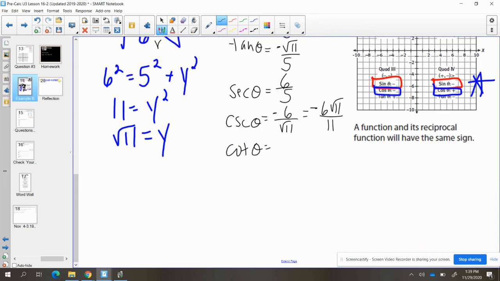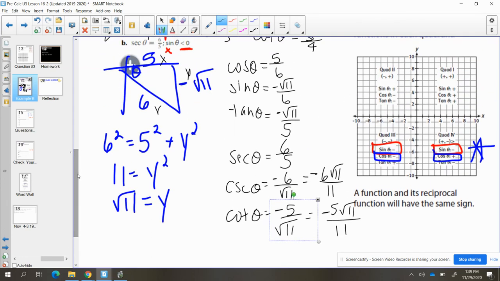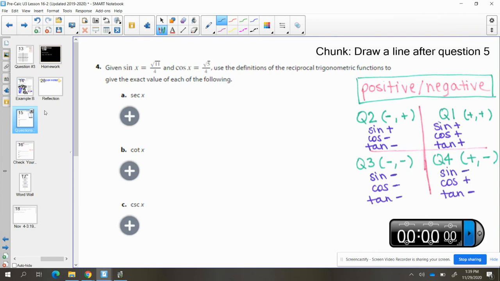And then last but not least, we have negative 5 over square root of 11, which is negative 5 square root 11 over 11 after rationalizing. Okay. All right, so those would be all 6 answers for that one as well.